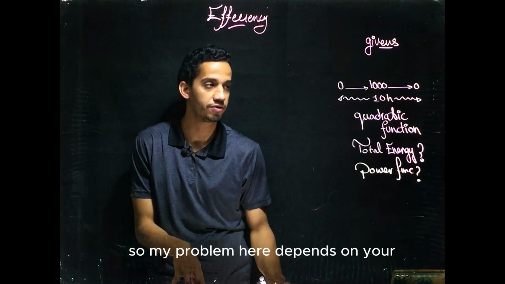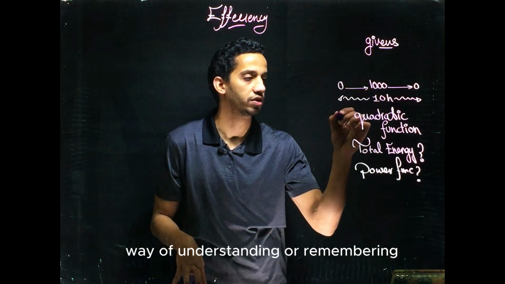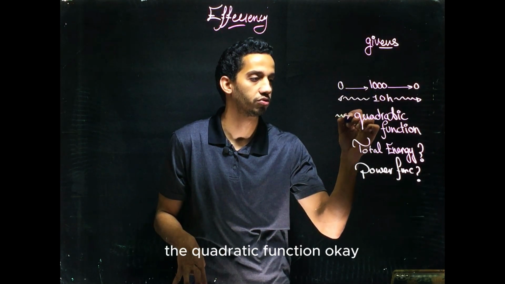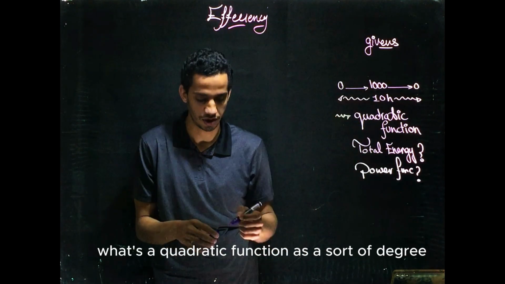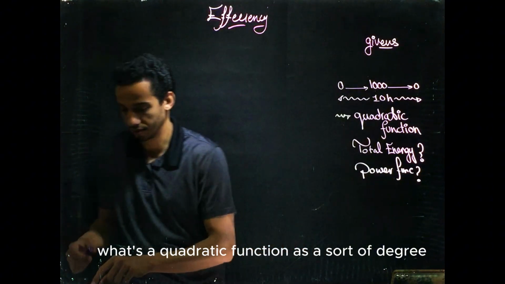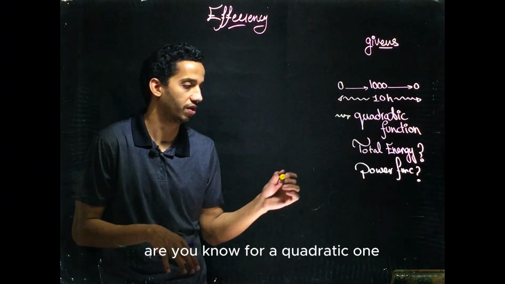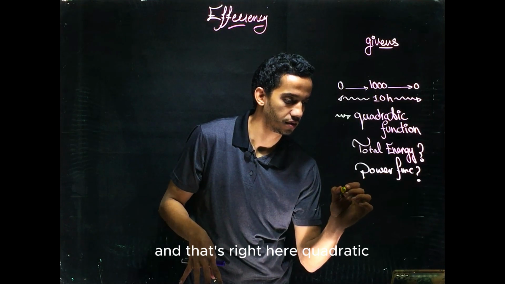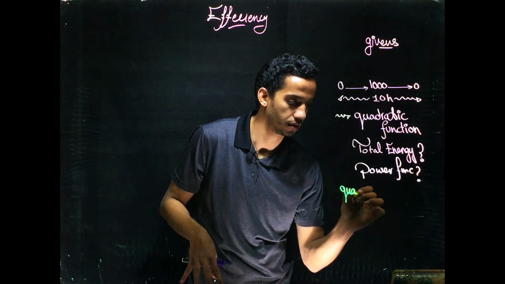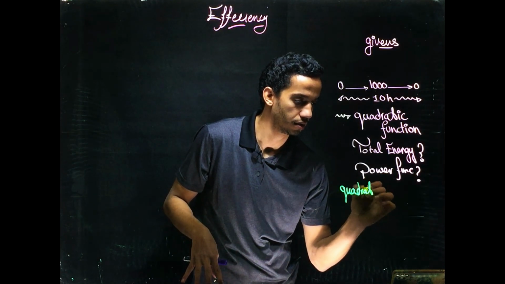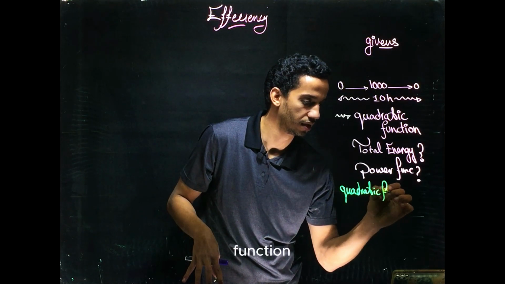So my problem here depends on your way of understanding or remembering the quadratic function. Okay, what's a quadratic function? As a starting brief, let's write it here. Quadratic function.